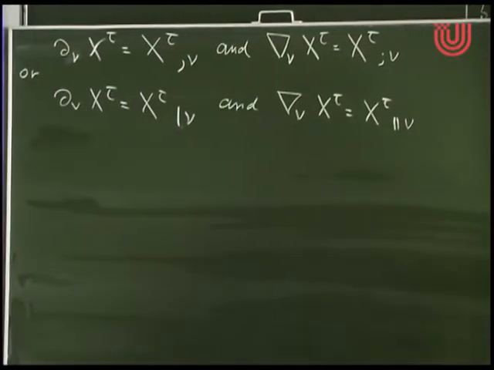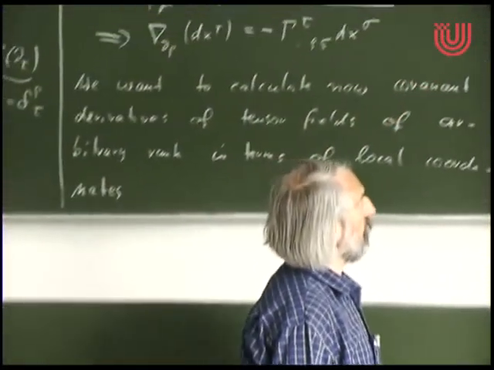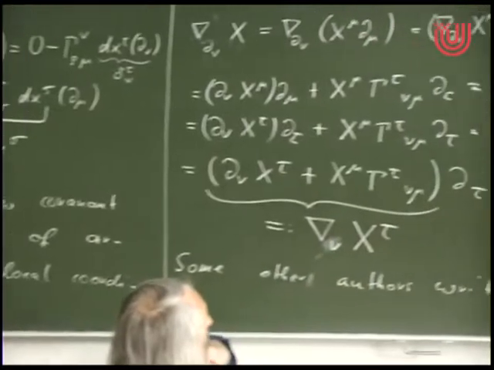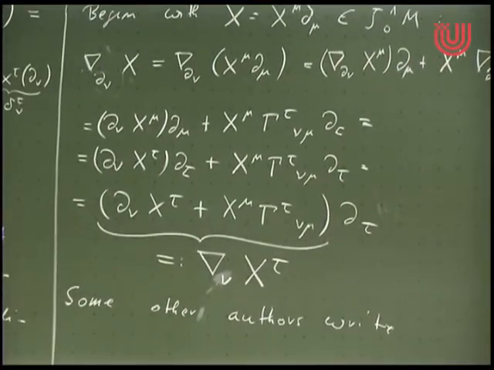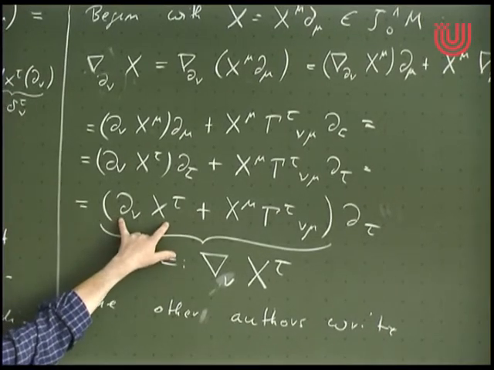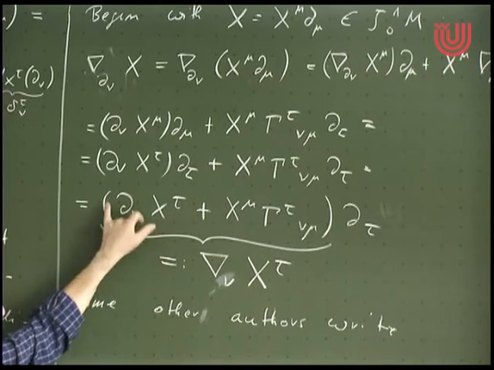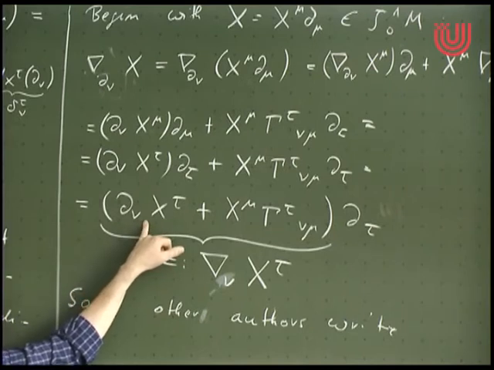So that's how vector fields are covariantly differentiated in terms of coordinates. What I had mentioned was that if you just consider the partial derivative alone, and we will discuss this in the next worksheet, these coefficients do not transform like the components of a tensor field.